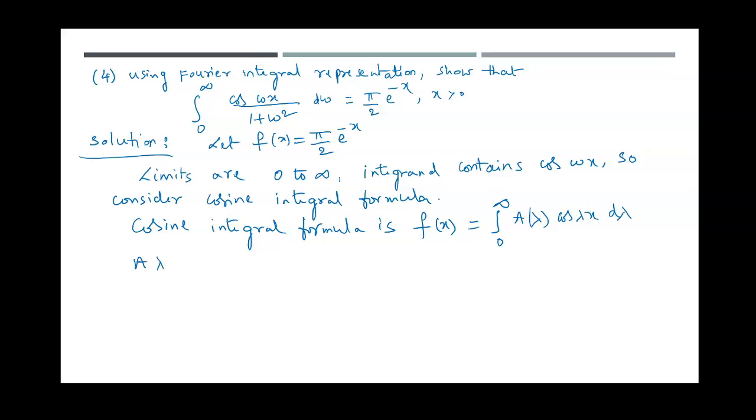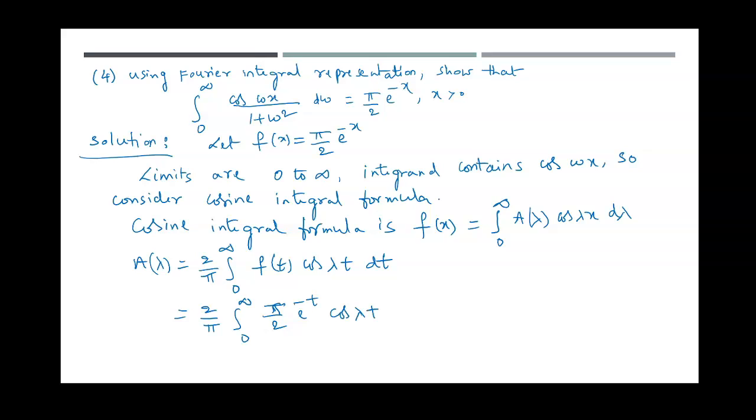Now a lambda equal to 2 by pi integral 0 to infinity f of t cos lambda t dt. So here f(x) is pi by 2 e power minus x. So f of t is pi by 2 e power minus t cos lambda t dt. This is similar to previous question. Just in the place of sine, here cos lambda t is there.